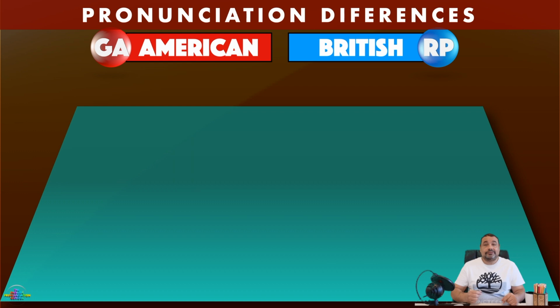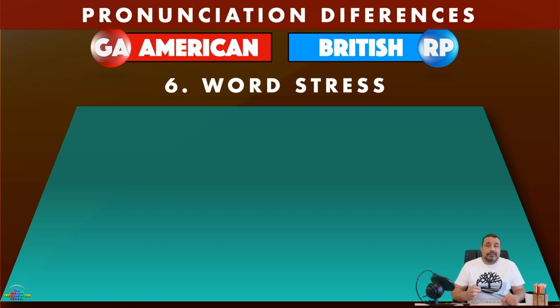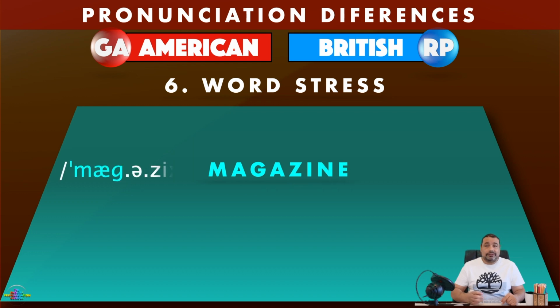Finally, the last difference between these two main varieties of English is word stress. There are few words that are stressed on a different syllable. This word is stressed on the first syllable, "magazine," in American, but on the last one in British.